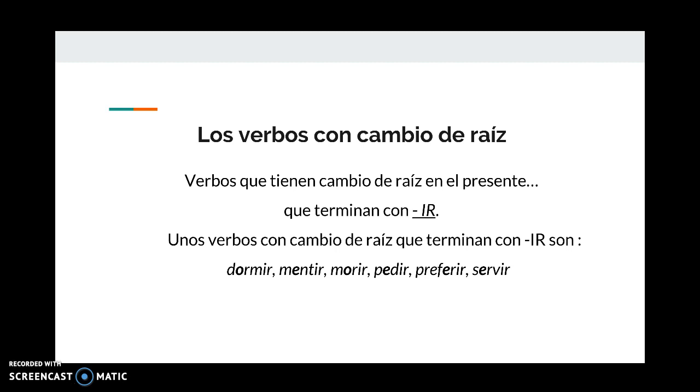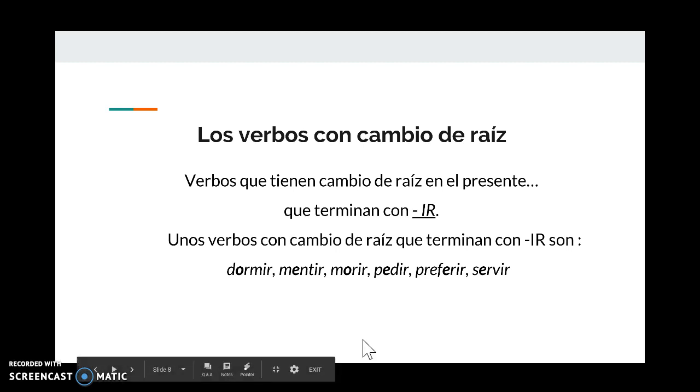Some verbs with stem changers that end with IR that you need to know are dormir, to sleep, mentir, to lie, morir, to die, pedir, to ask for or to order, preferir, to prefer, and servir, to serve. Some verbs will change from O to U, like dormir and morir.